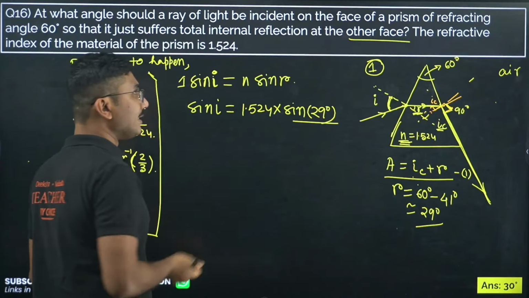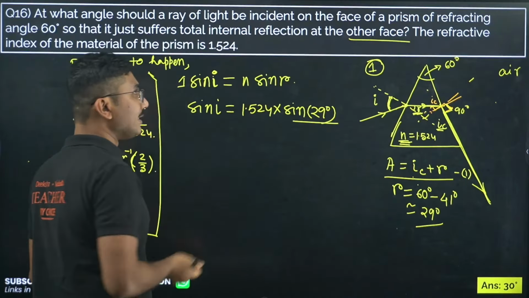The refractive index is very simple: sine of (A plus minimum deviation) divided by 2, divided by sine of A by 2. Or sine of (60 plus 40) by 2, divided by sine of 60 by 2.